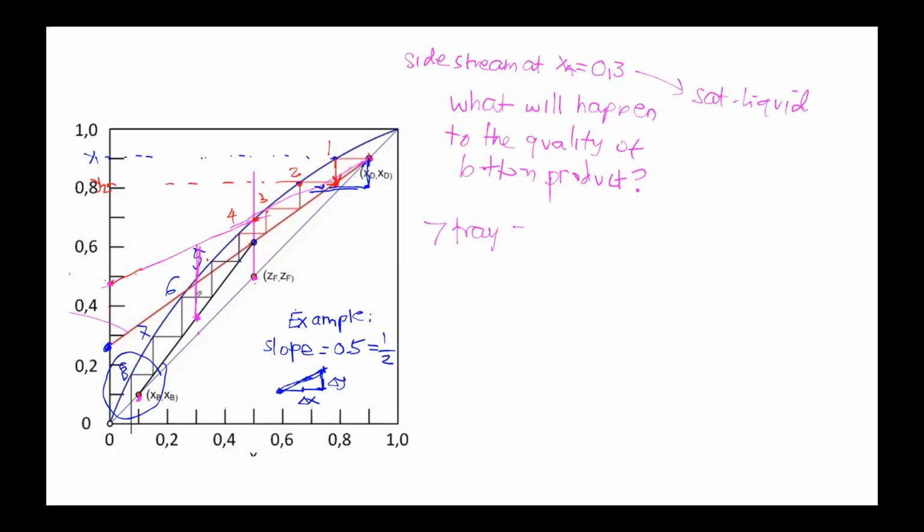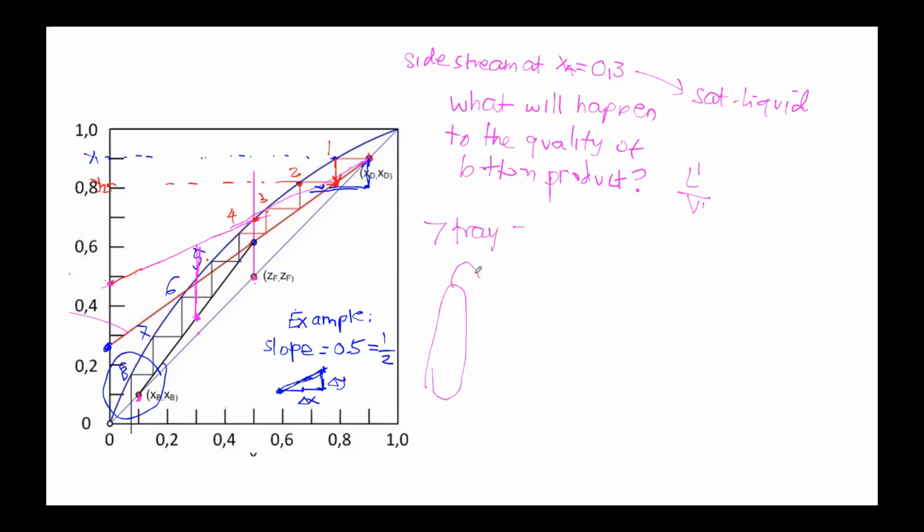Okay. So you can imagine, you have L over V. How do you determine L over V? That's a good question. To determine L over V, you have to construct them from the mass balance. It's a little bit of work.